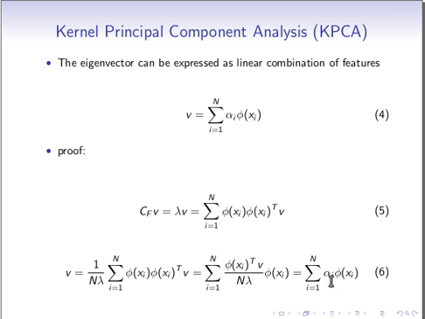So this alpha i can represent these parameters. So we can see the eigenvector can be expressed as the linear combination of the data in the feature space in this proof.